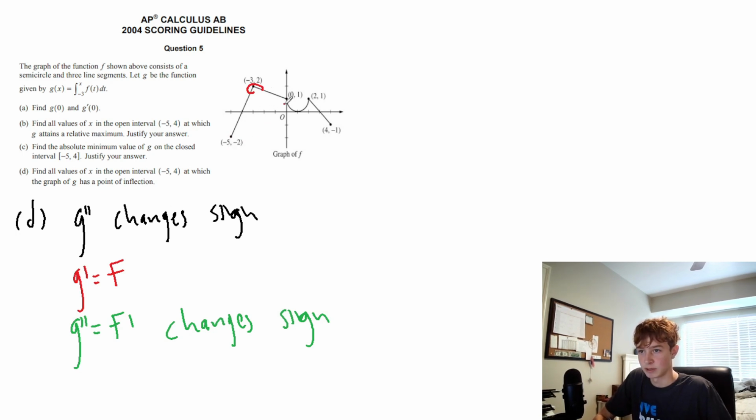Next we can look at this point, but this point does not fulfill what we want, because f prime changes from negative and it stays negative. So it's decreasing, and it's still decreasing. And then at this point here, f prime is negative because it's decreasing, and then it changes to positive because it's increasing.